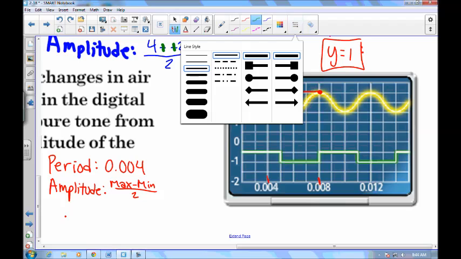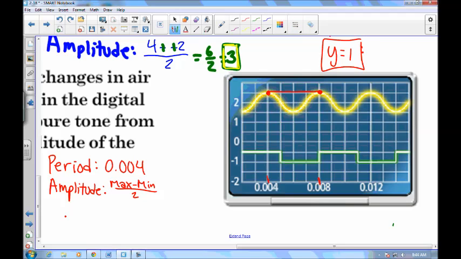Yep. Okay, amplitude. So we have our maximum comes from the y's. How high does that wave go? 2.5. Ah, you have to look at the graph very carefully. It is not 3. It is not 3 because we have 0, 1, 2, this would be 2.5 because every line is representing a half.